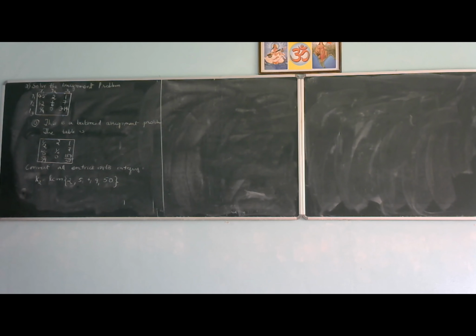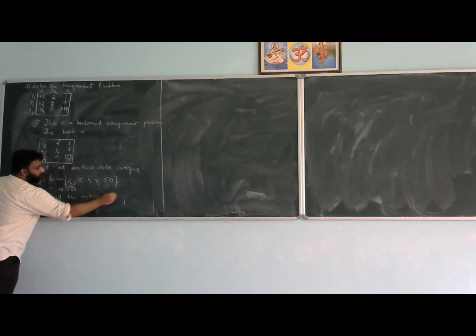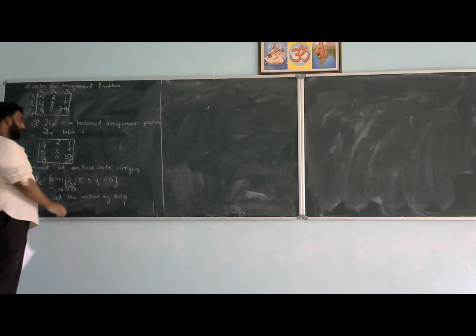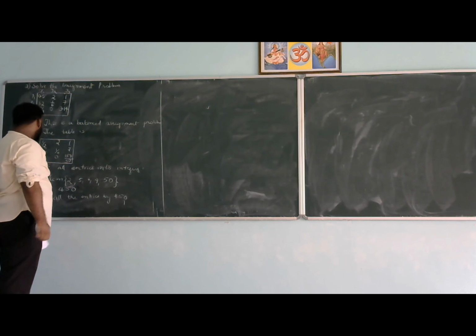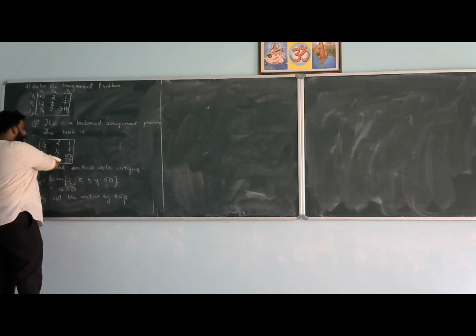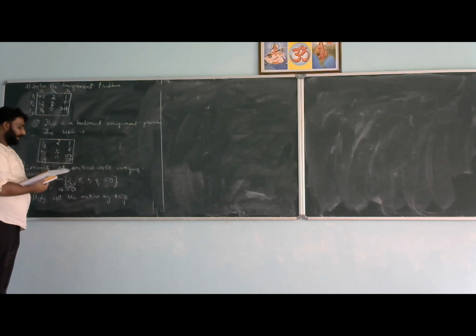The LCM would be 450. Now you have to multiply all the entries by 450. We have to multiply this value to each and every element of this table.